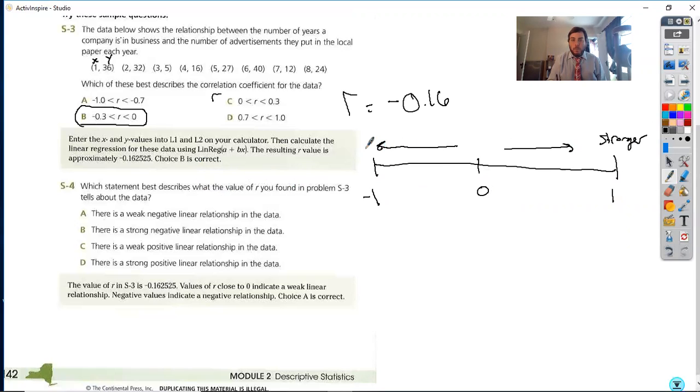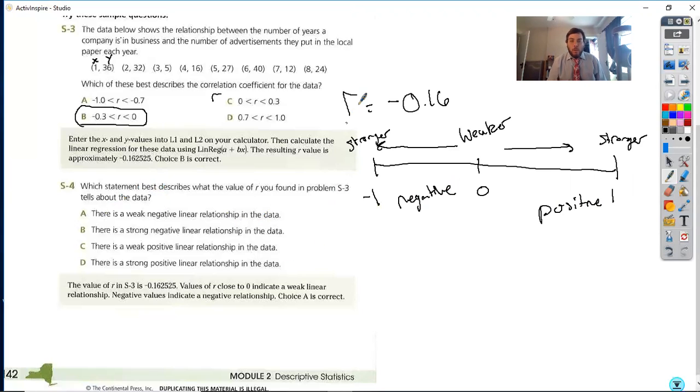So the closer we are over here, the stronger the relationship. The closer you are to the middle, the weaker the relationship. And then on our right side, just like on the number line, it's positive, and on the left side, it's negative.